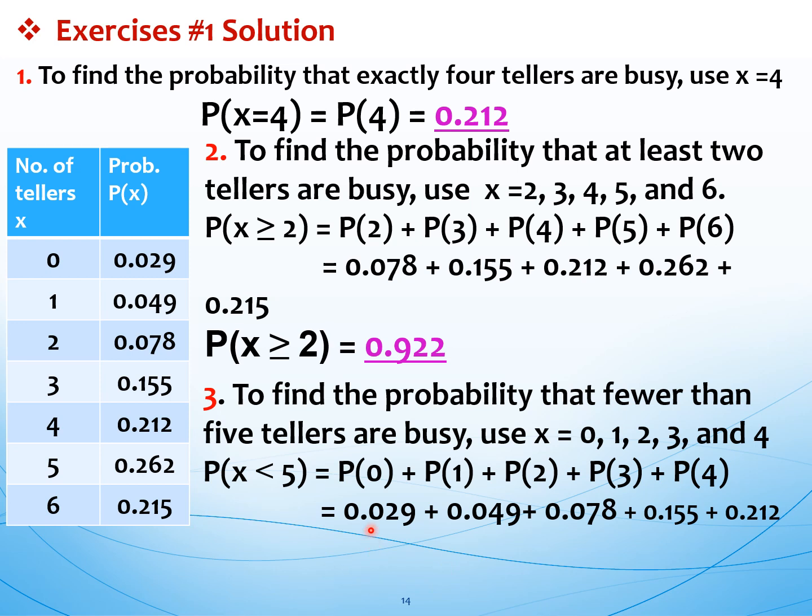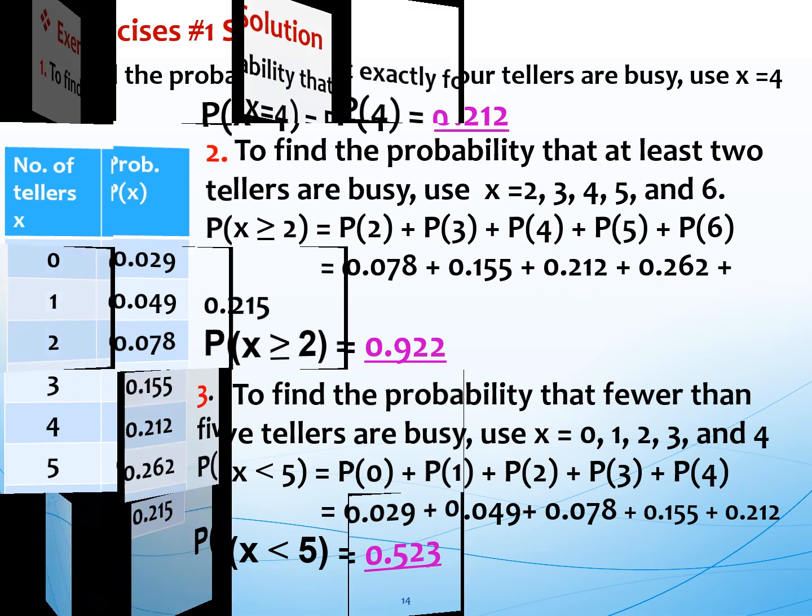So the probability is 0.029 plus 0.049 plus 0.078 plus 0.155 plus 0.212. So this is the probability, 0.523.